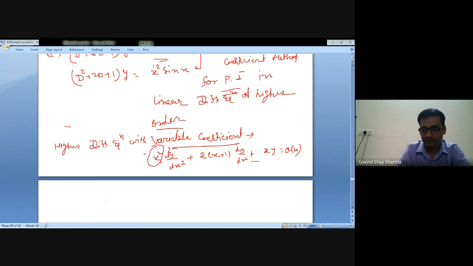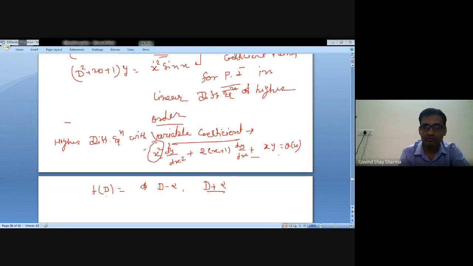Linear means the function is linear in the sense that f(D) may be D minus alpha or D plus alpha.